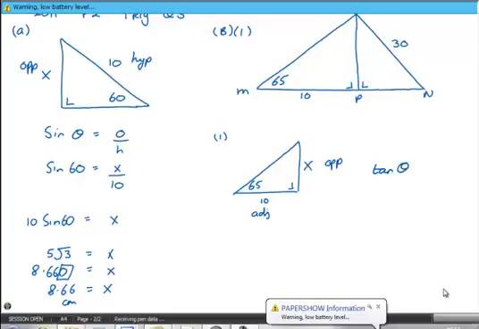So the tan of theta is equal to O over A. The tan of 65 is X over 10. X is equal to 10 tan 65. Into your calculator, X is equal to 21.4. And it's centimeters again.